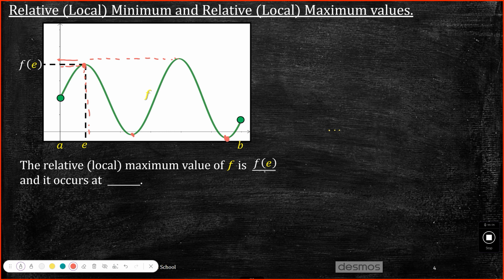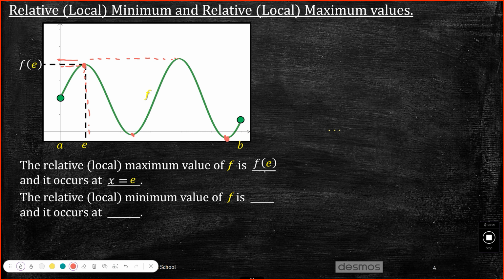That's the absolute min. This is a relative minimum. So a relative minimum value of f is f of g, x equal to g.